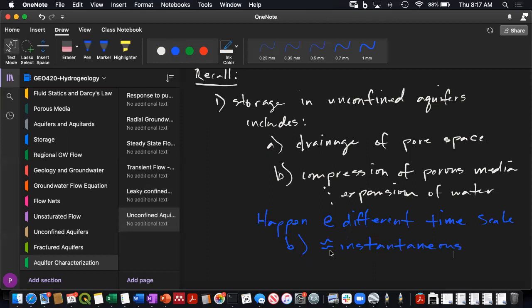It really is immediate. But process A, you have to physically drain the pore space. The water has to move, and that happens much more slowly in groundwater than the pressure wave can propagate.